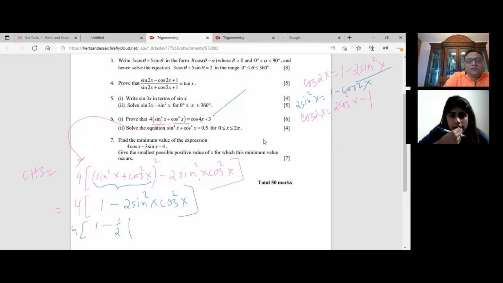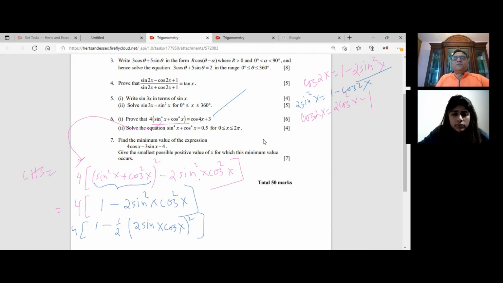So let me add one step. 2 sin x cos x whole square. That part is sine 2x. Oh, okay. So you took the square out. Wait, how come you took half? Because I want 4. When you expand, 2 square will be 4, right?